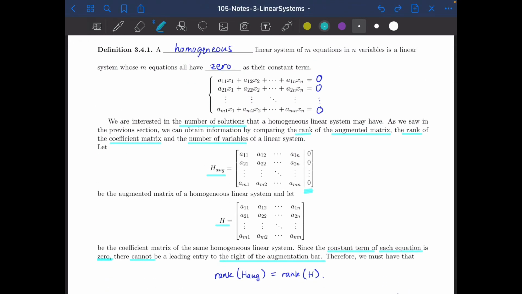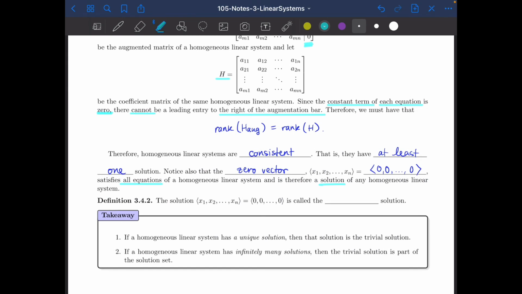If I plug in 0 for all variables x1, x2 up to xn, in each of these linear equations, I will get 0. That's what it means for the 0 vector to satisfy every equation in the homogeneous linear system.